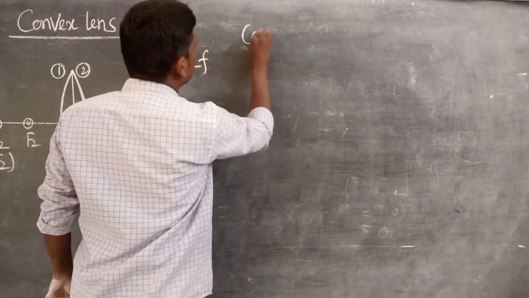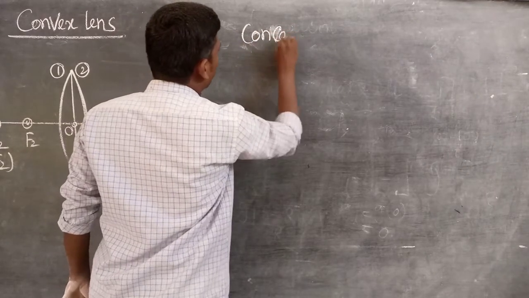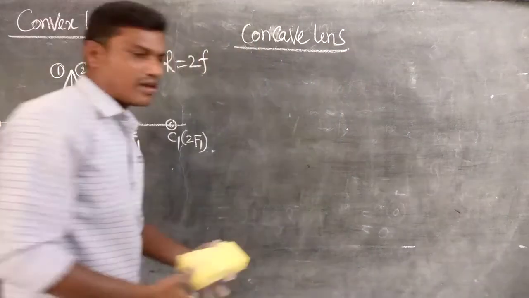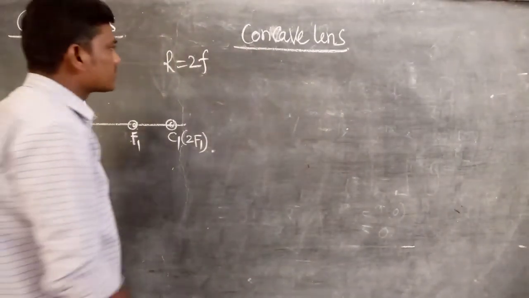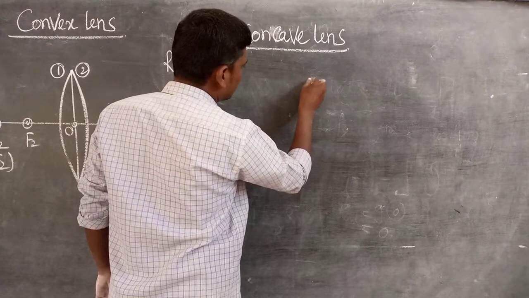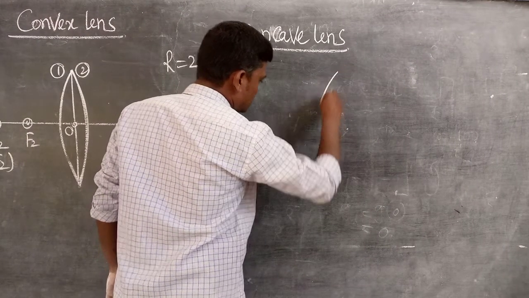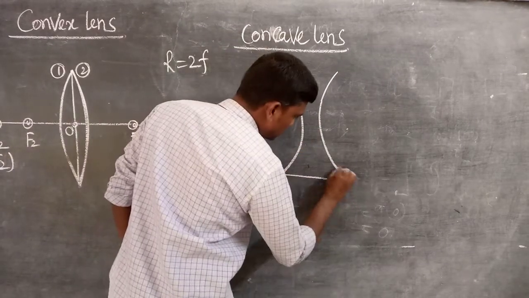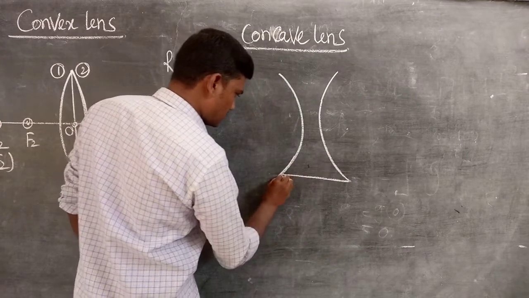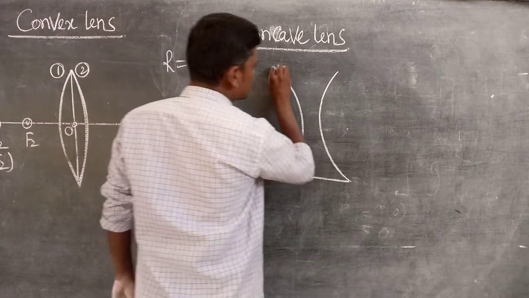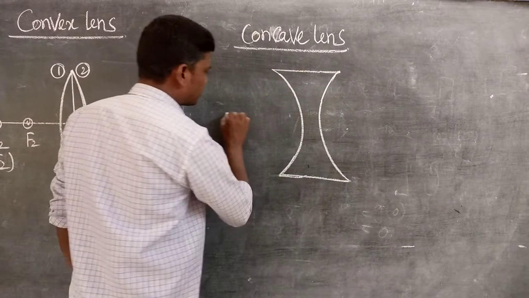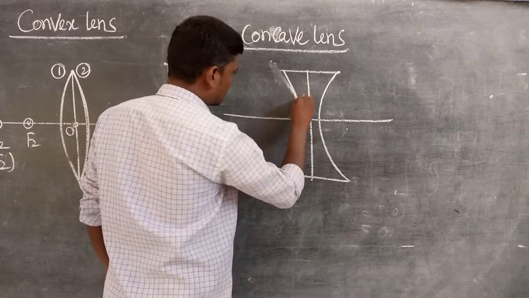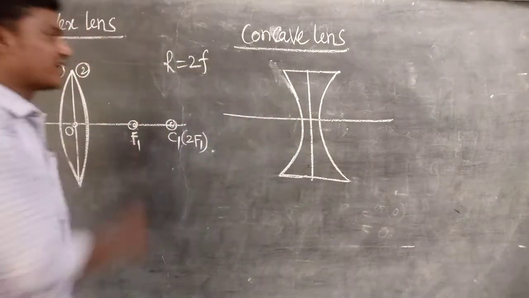Next, in case of concave lens, so this one is the principal axis, like this.